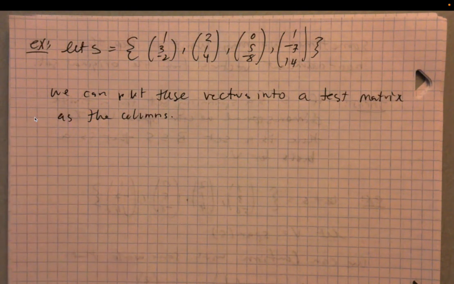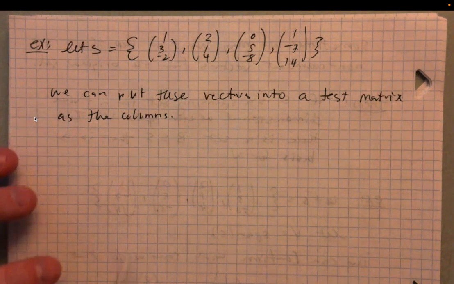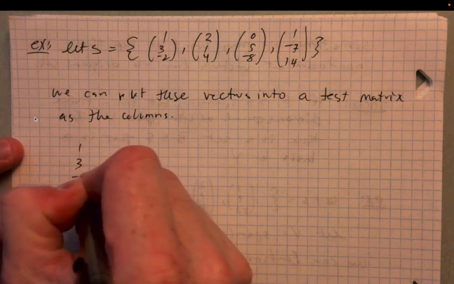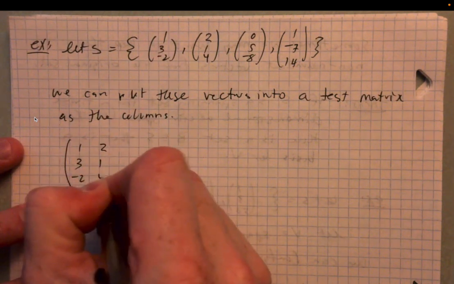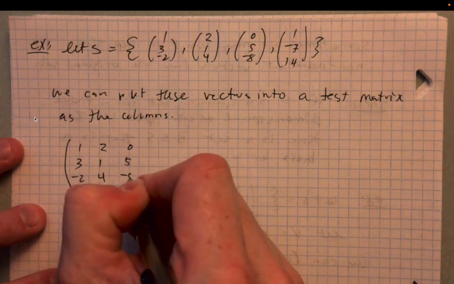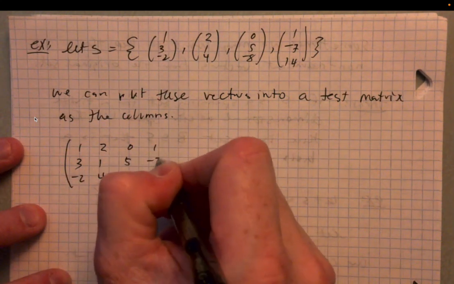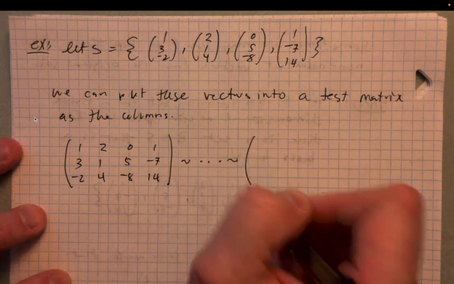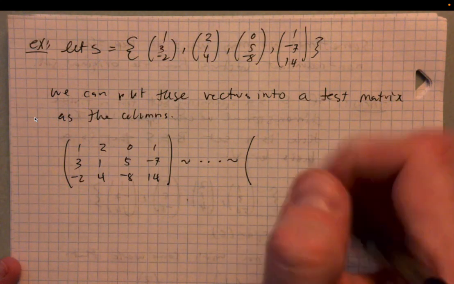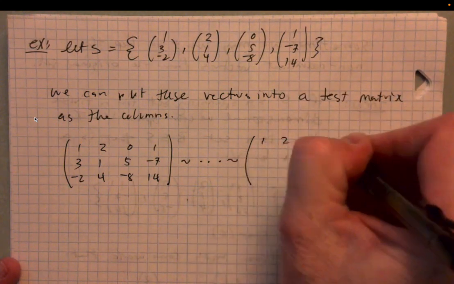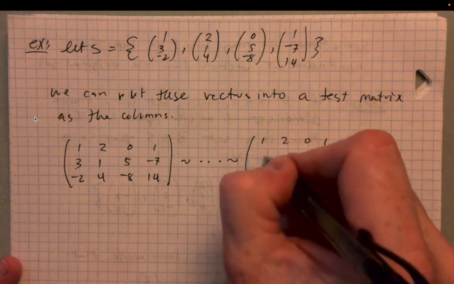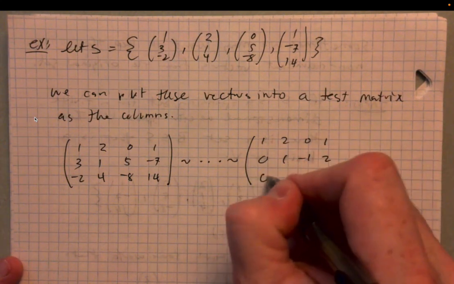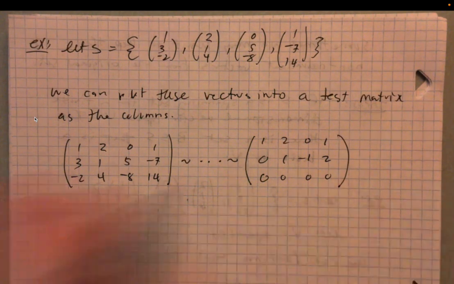Okay, let's do that here and see what we get. So 1, 3, negative 2; 2, 1, 4; 0, 5, negative 8; 1, negative 7, 14. Okay, we can row reduce this. And we get 1, 2, 0, 1, and then 0, 1, negative 1, 2, and then all zeros after that.